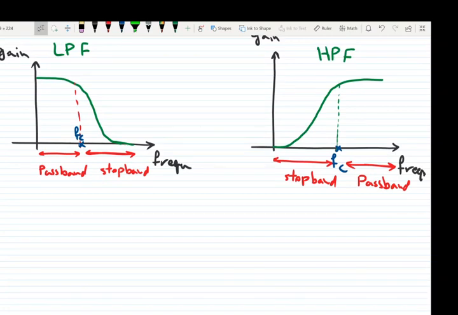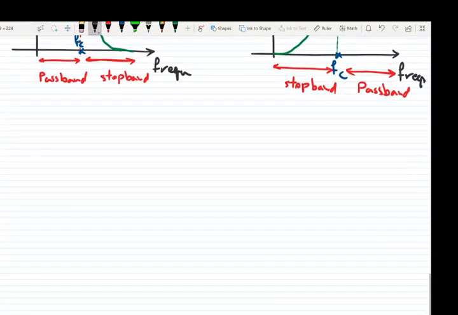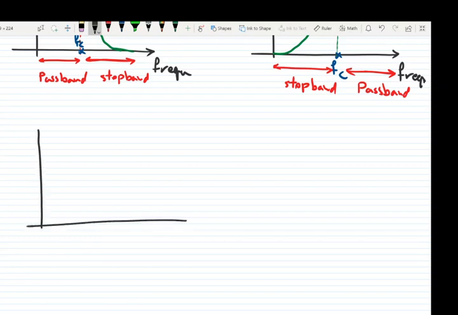Okay, the next type of filter is band pass filter. So let's see what is band pass filter. Here we have frequencies, we have gain.